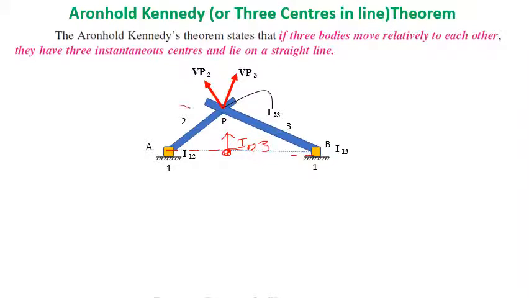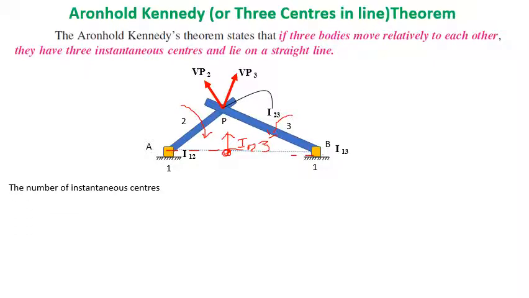Suppose the link moves in this direction, and at this point these two links become a straight line like this. At that time its instantaneous center I23 comes in line with I12 and I13. So this satisfies the Arnold-Kennedy theorem.